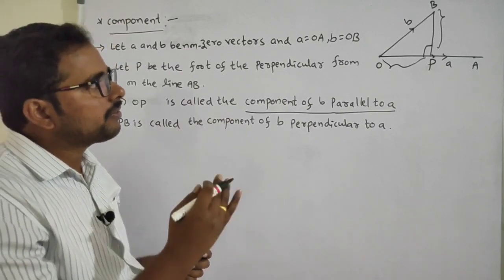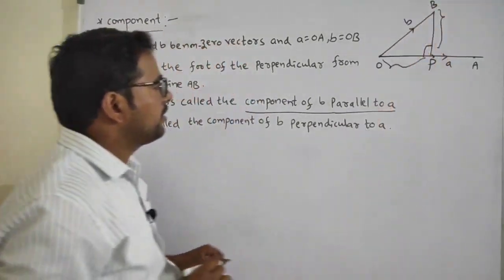The component of B perpendicular to A is PB.